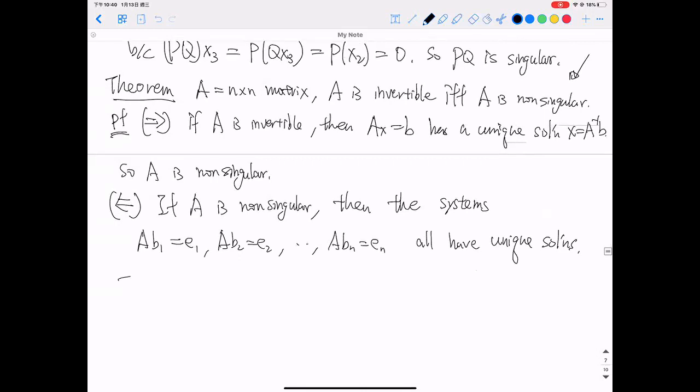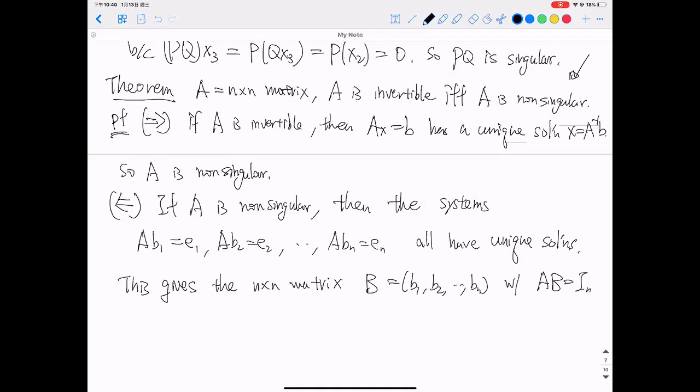This gives the n by n matrix B equaling B1, B2, and so on, with the property that AB is the identity matrix.